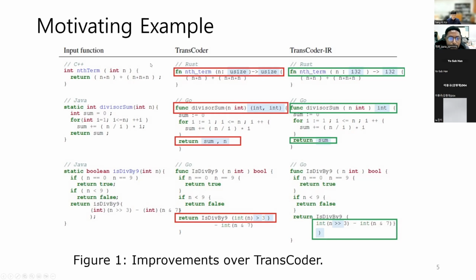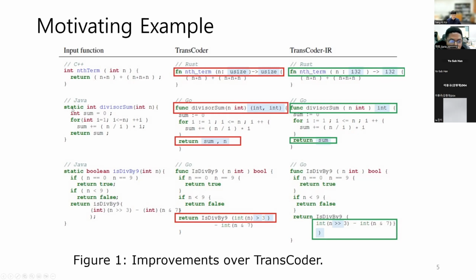Also, C++ by default takes the int data type as a signed data type, but here it translates to usize, which means an unsigned data type. So TransCoder-IR, the current paper's model, fixes it in such a way.